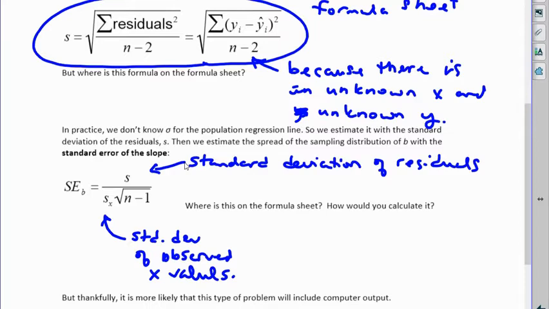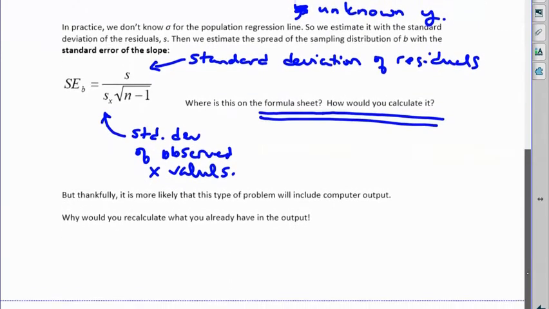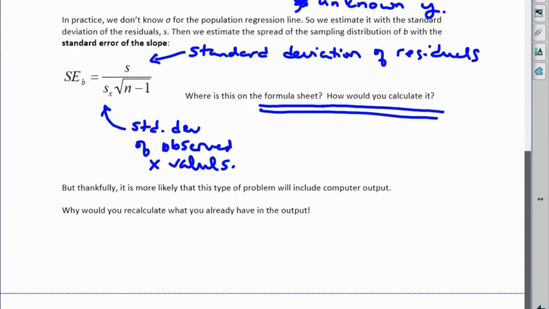This formula can be found on the second page of the formula sheet under the sampling distributions for simple linear regression. You can find all these formulas. Thankfully, though, the majority of the time you will have this information from computer output.